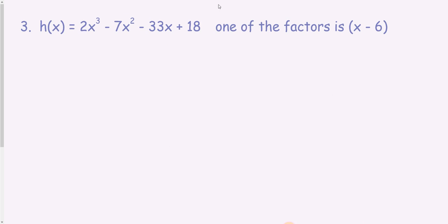One more time. 2x to the third minus 7x squared minus 33x plus 18. Now this one's going to be interesting because it's got a 2x to the third. Don't let that bother you when you go and do the division. 2x to the third minus 7x squared minus 33x plus 18.